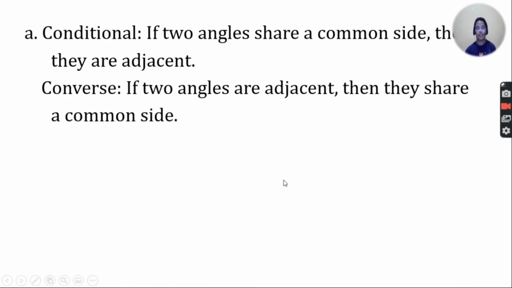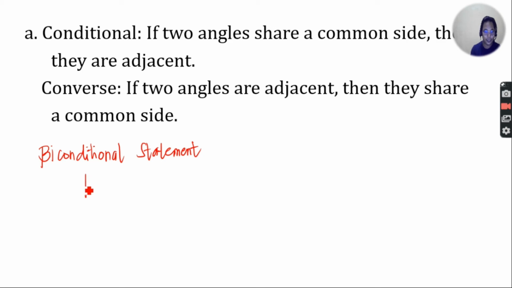So, start po tayo. So, we have a conditional statement. If two angles share a common side, then they are adjacent. And its converse, if two angles are adjacent, then they share a common side. So, both the conditional and the converse statements are true. So, to write a biconditional statement, we use the phrase if and only if.